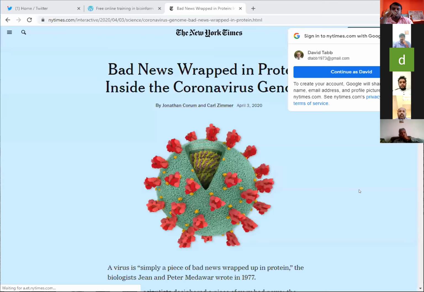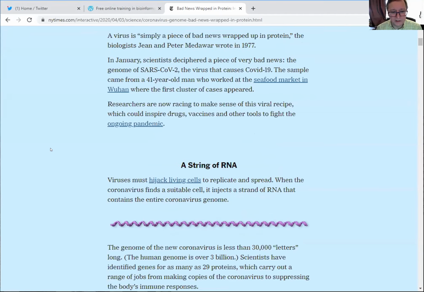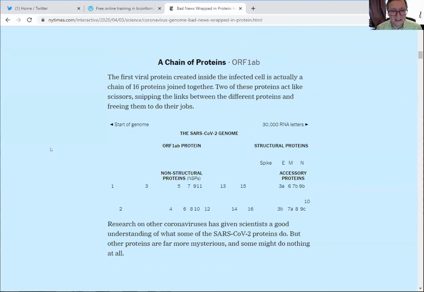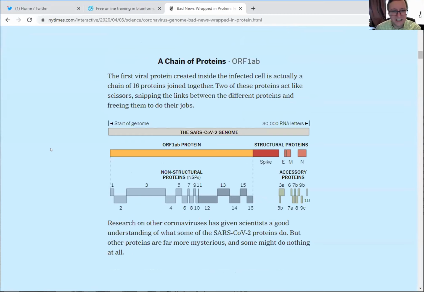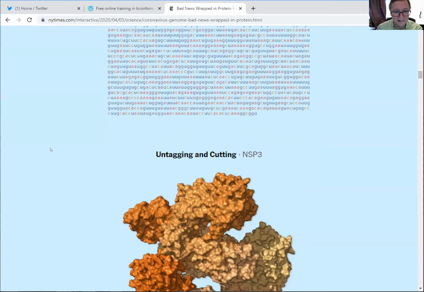I really love this article. We don't think of the New York Times as a place that gives us good molecular information, but they published this article on April 3rd that was a walkthrough of all the different parts of it. You can see that it gives an index of all the proteins, ORF1AB, NSP1, NSP2, NSP3, all these different molecules.